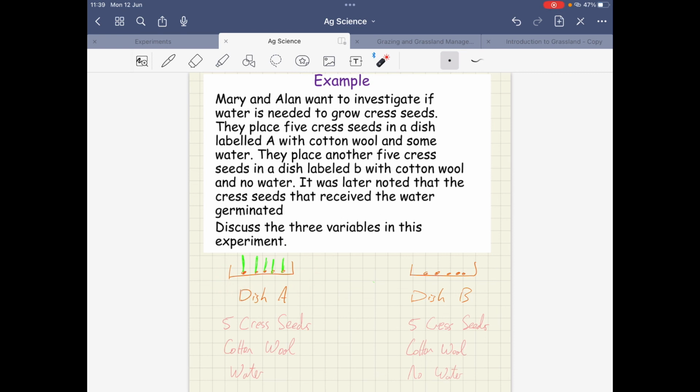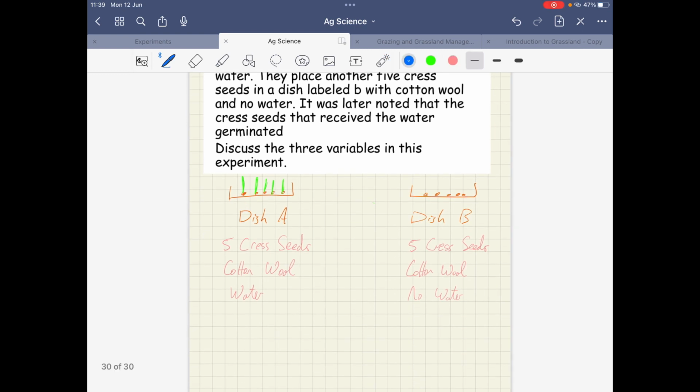Right, so what is our independent variable? Our independent variable is the change. What is the difference between dish A and dish B? The only difference between the two is your independent variable. Hopefully it's as clear as day that dish A was watered, dish B has no water, therefore that is your independent variable. Then your dependent variable is what we are measuring.